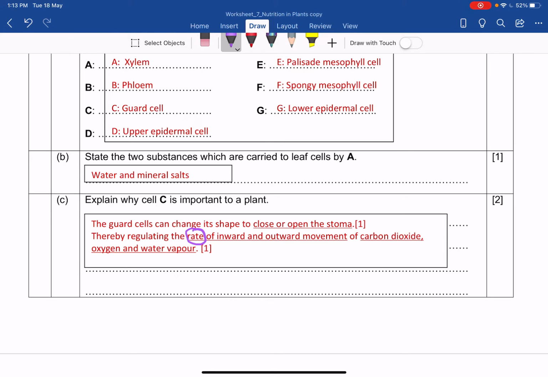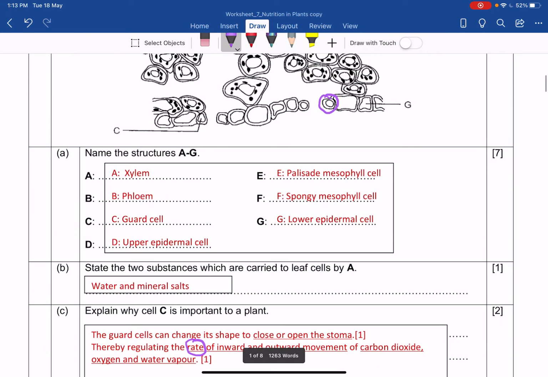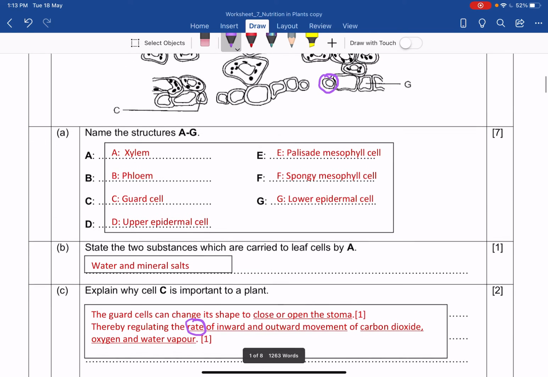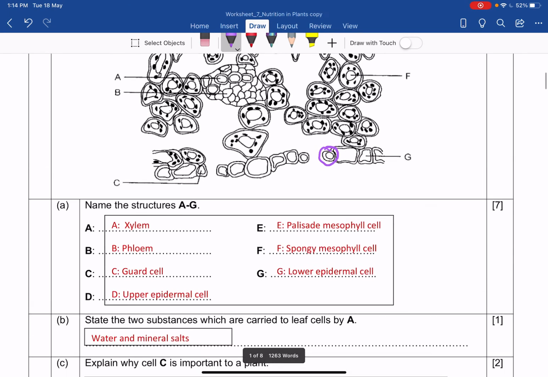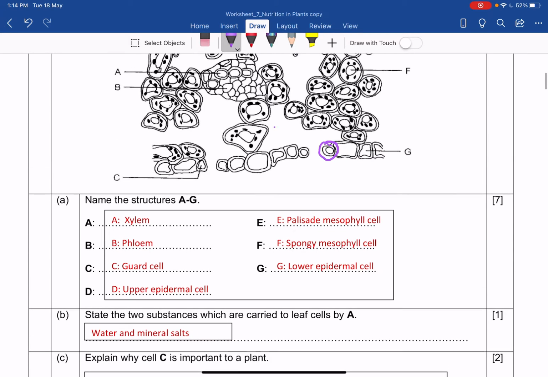Because the stomata functions very differently, as it doesn't function like a partially permeable membrane that can regulate the inward and outward movement based on size, okay, but they control the rate, how fast, and it's based on concentration gradient.